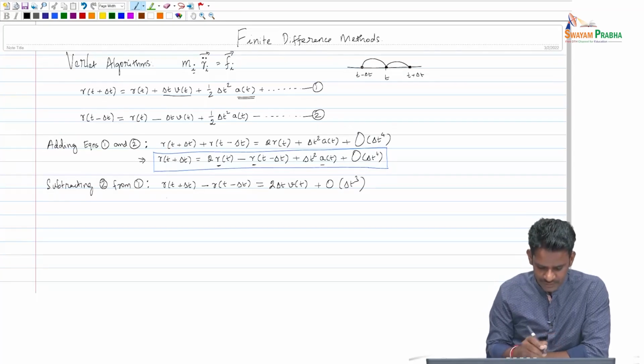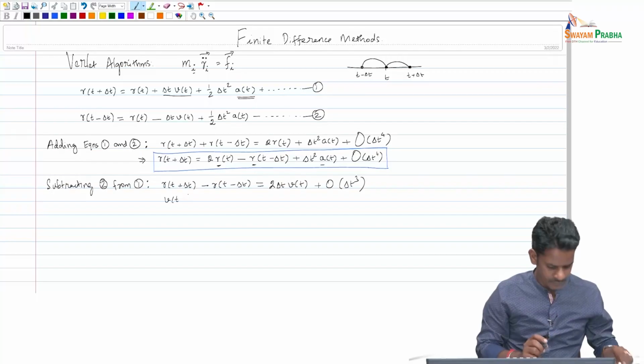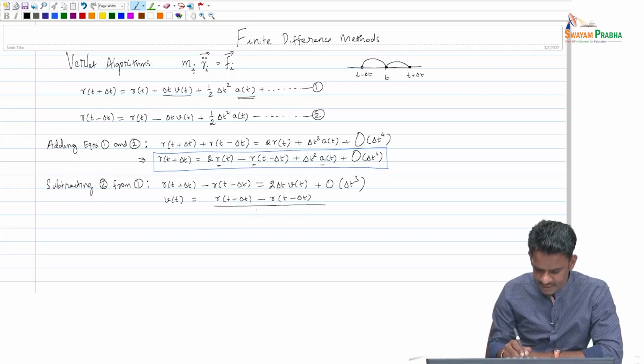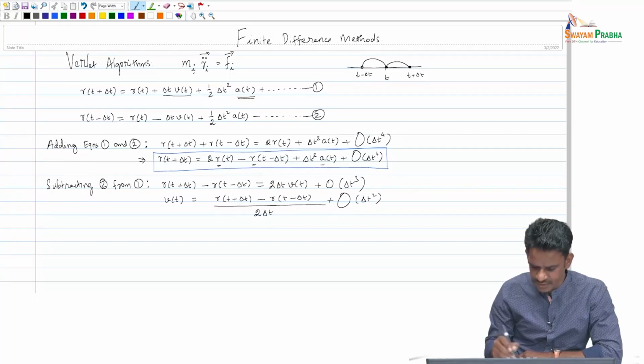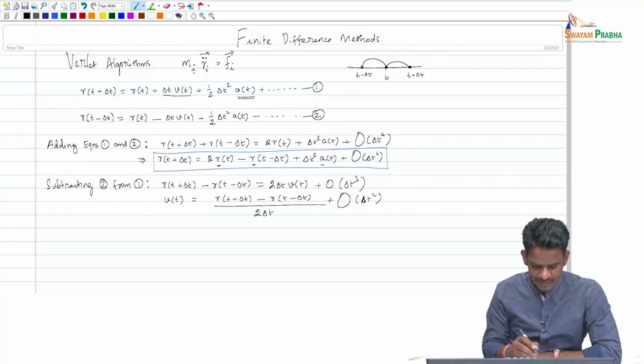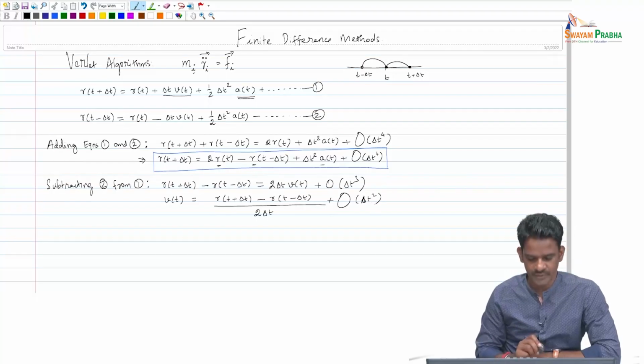So, from here you can solve for the velocity at time t as r at t plus delta t minus r at t minus delta t divided by 2 times delta t, and here the error becomes delta t squared because you are dividing by delta t all over. So, the accuracy of the velocity calculation is up to an error of delta t square.